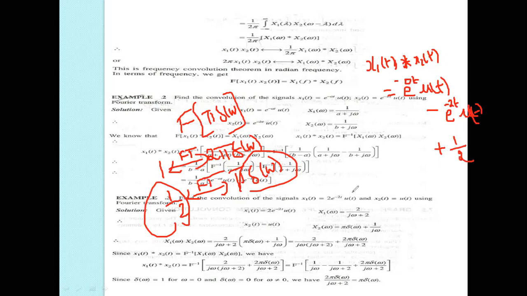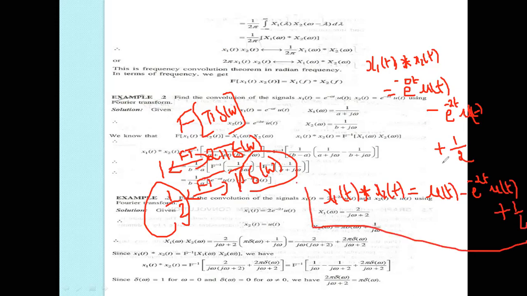Now we got x1 of t convolved with x2 of t is mu of t, since e power 0 is 1, minus e power minus 2t mu of t plus 1 by 2. This is the final answer for this example, my dear students. So the convolution of the given two signals is 1 by 2 plus mu of t minus e power minus 2t mu of t. Got it?